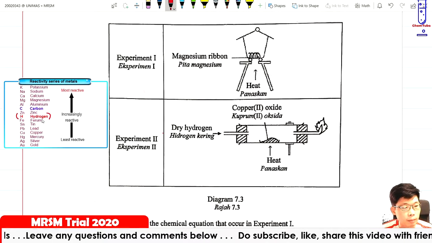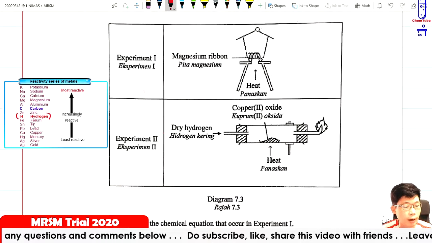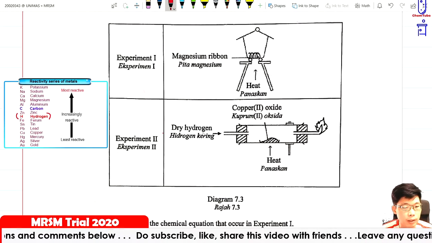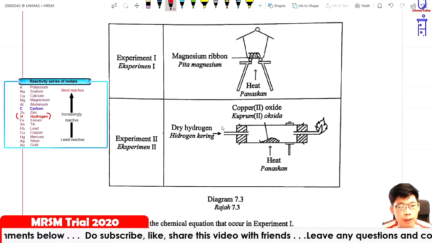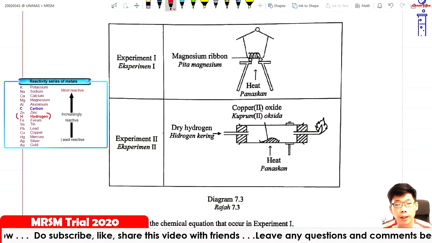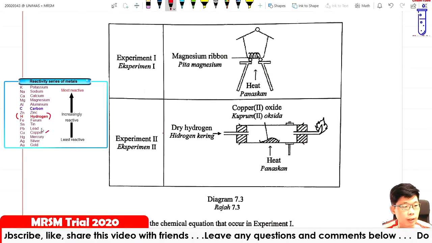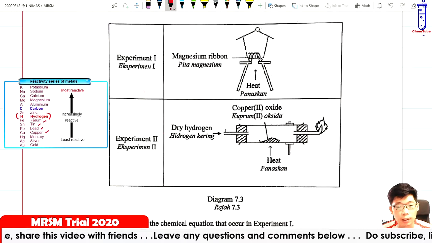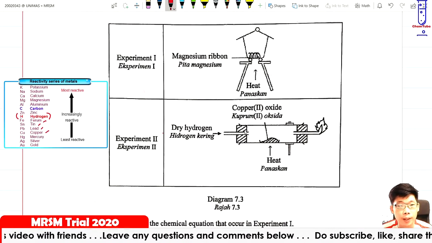The metals below the hydrogen, we can assume it is an unreactive metal. So we will use this apparatus to do an experiment, use the hydrogen to displace metal. The most common will be the copper. Besides that, you also can use the lead, tin, iron to determine the empirical formula.